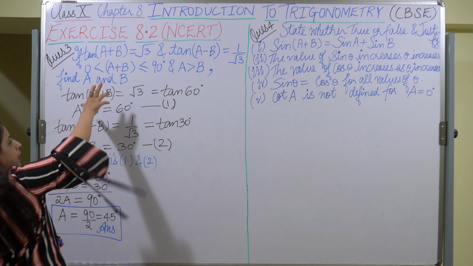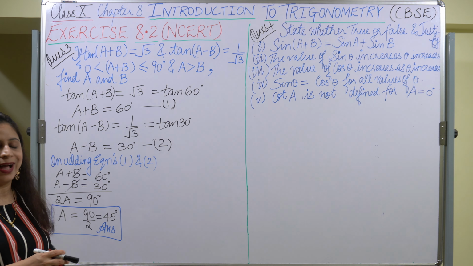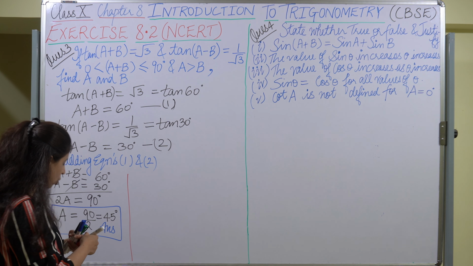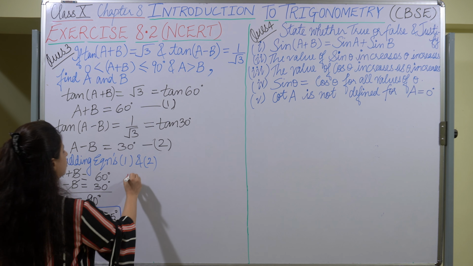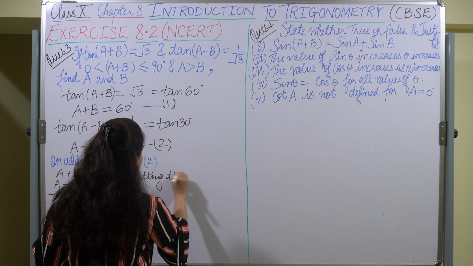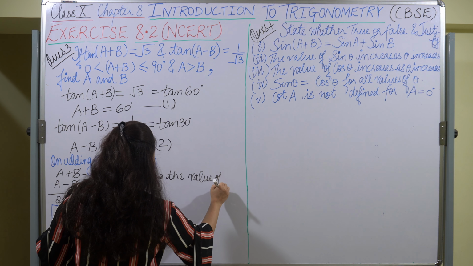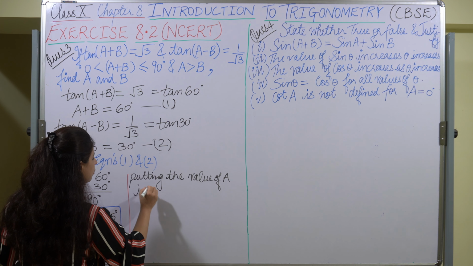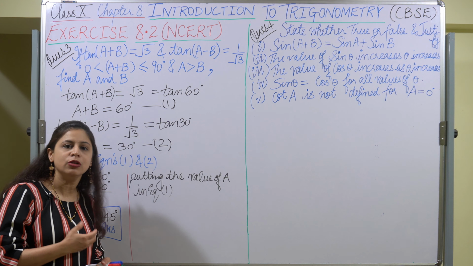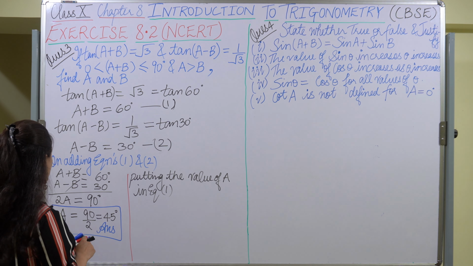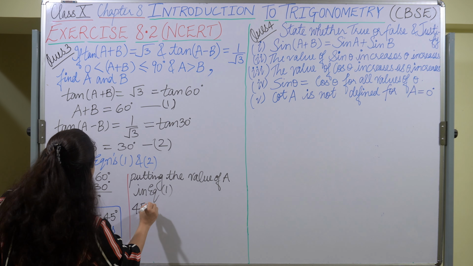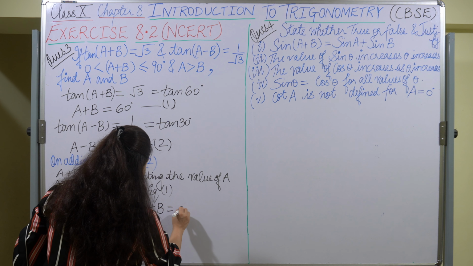We will also check the conditions by finding the value of B. Putting the value of A in equation 1, though you can also put it in equation 2, A is 45, so 45 + B is equal to 60 degrees.